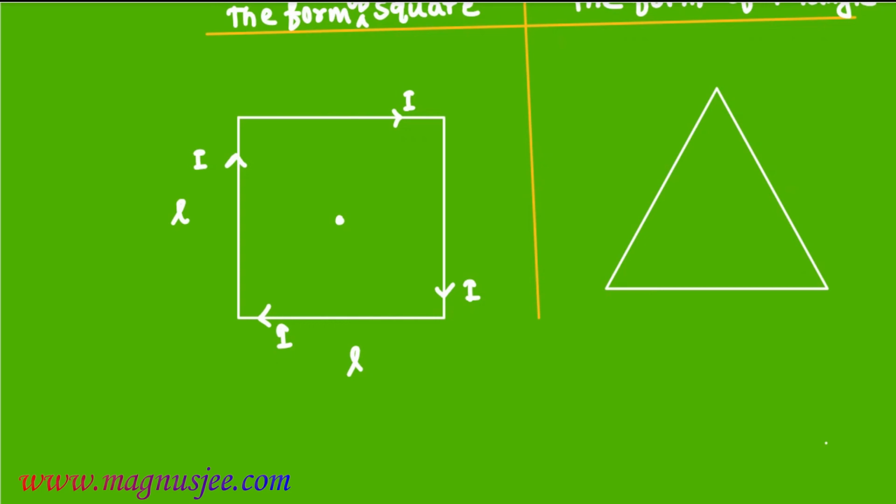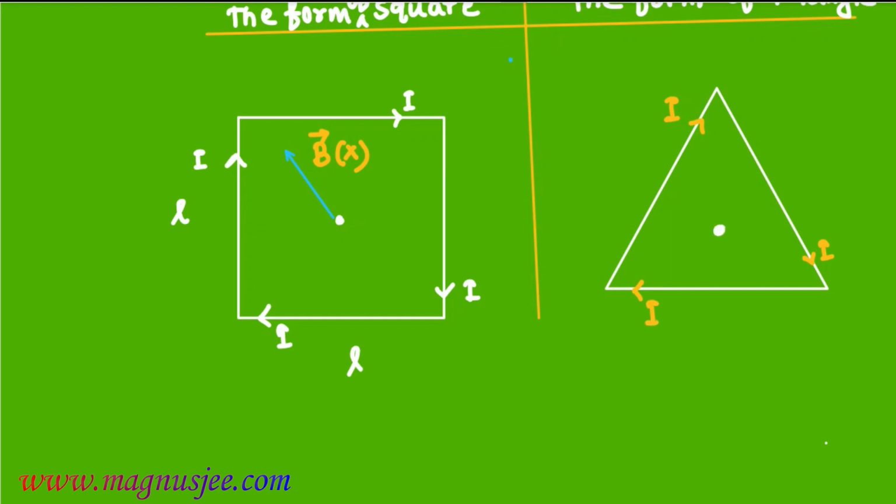L is the length of each side of the coil, and we can draw two diagonals. The magnetic field induction at the center of the coil due to the four sides is vector B, which acts inwards. On the right hand side the current I flows clockwise through the triangular coil.